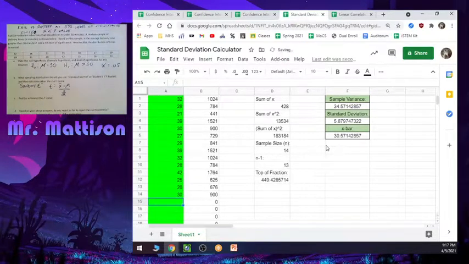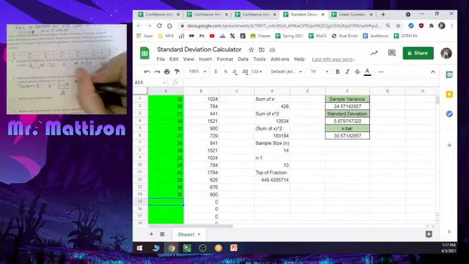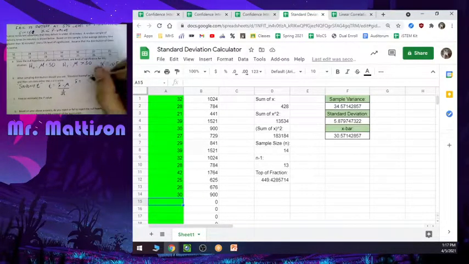Okay. All right, so shift 1 4, yep, okay, we're good. So that tells me my standard deviation and my x bar. So I can say my x bar in this case is 30.57. My standard deviation is 5.88.